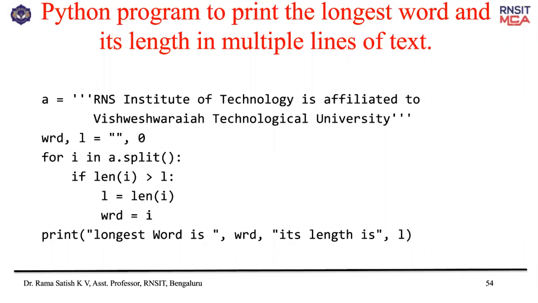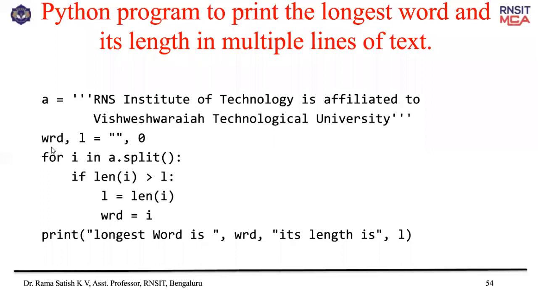So it is not a line of text; it is multiple lines of text. So RNS Institute of Technology is affiliated to is a first line. Visvesvaraya Technological University is second line. So this entire thing, I write it in triple quotes and I store it in A.